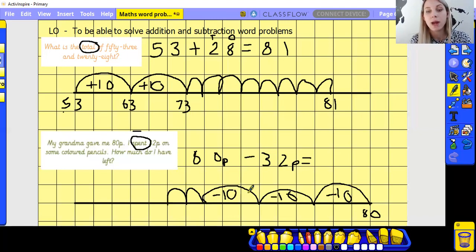Okay, so I'm taking away 10s this time. So I've got 8 10s, take away a 10. 7 10s, ones don't change. Take away a 10. 6 10s, ones don't change. Take away a 10. 5 10s. I'm just counting back in ones. So 50, 49, 48.